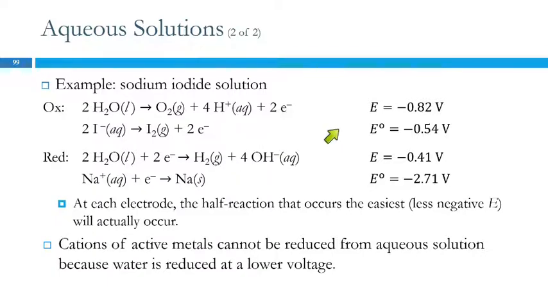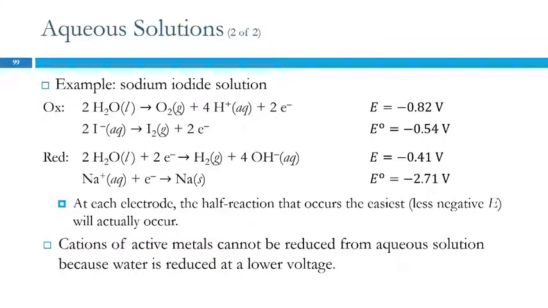So, water being oxidized in regular conditions is minus 0.82 volts. The iodide being oxidized is minus 0.54 volts. The reduction of water is minus 0.41 volts. The reduction of sodium is minus 2.71 volts.